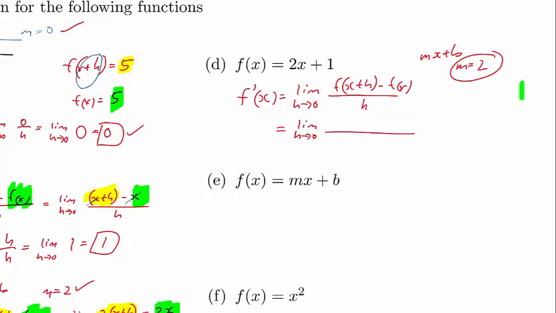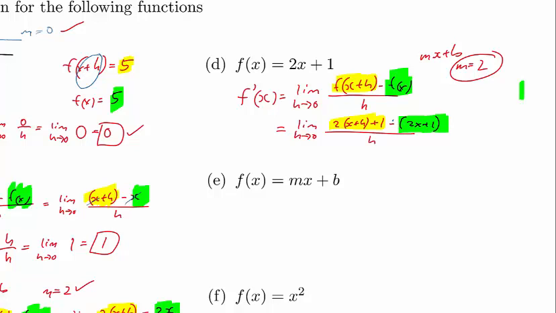Okay, so we've got 2, we got an x plus h, and we have a plus 1, right? That is our first term right there. And then we got a second one. We've got a minus. Let's go ahead and put parentheses up, 2x plus 1, because we want to make sure we distribute this negative over. That's why we have the parentheses. And note that this term is the same as this term here. Okay, cool.